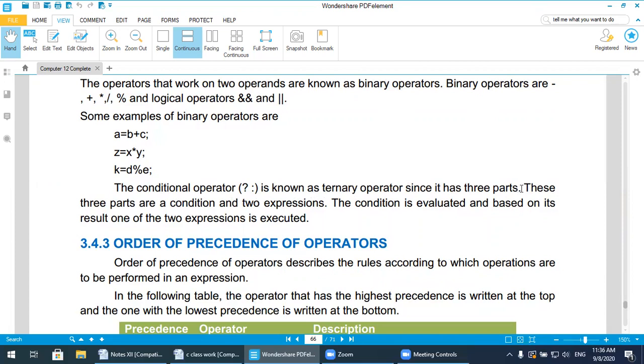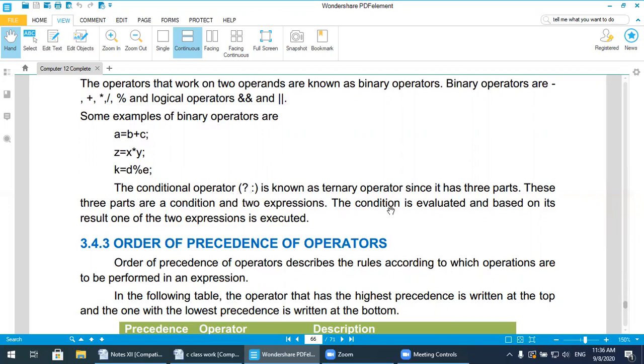These three parts are a condition and two expressions: one is the condition, and the other two are expression one and expression two. So in total there are three parts in the conditional operator.